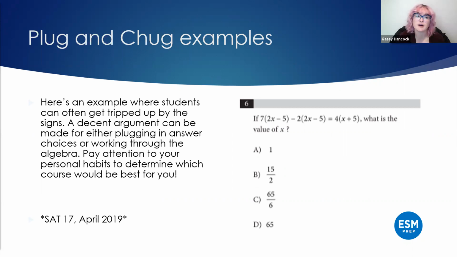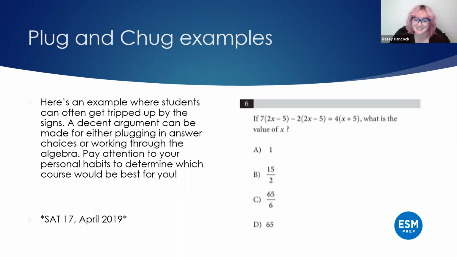All right. So this one, you can make the argument to either just math class your way through it or to plug answers in. So this is a good one where, as you do a lot of practice and preparing for the ACT or the SAT, you should know yourself well enough to know, hey, I'm really comfortable with distribution.